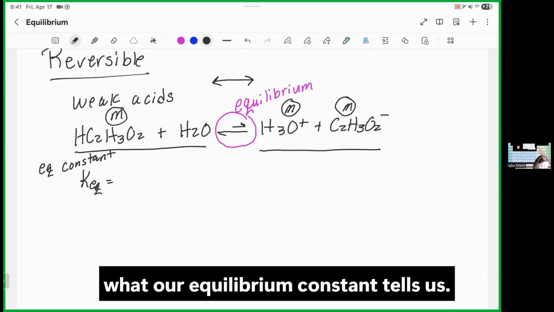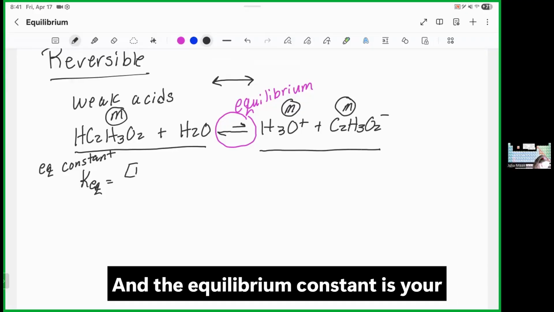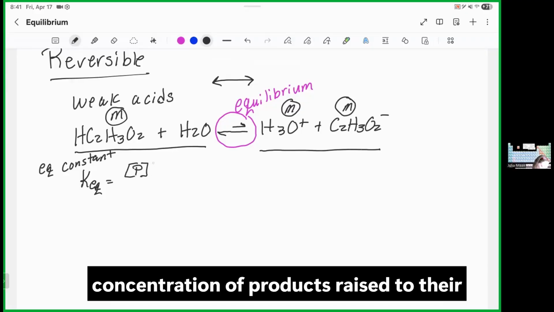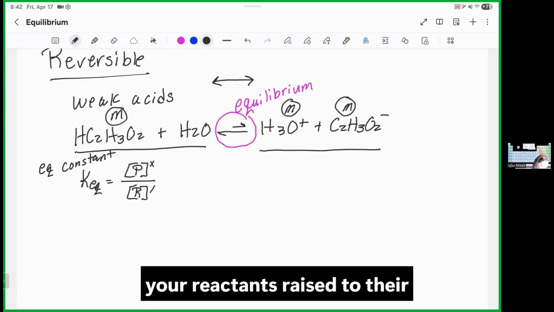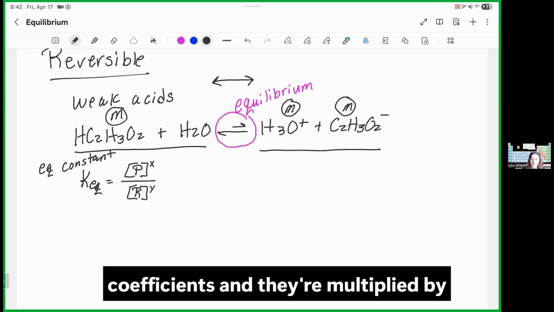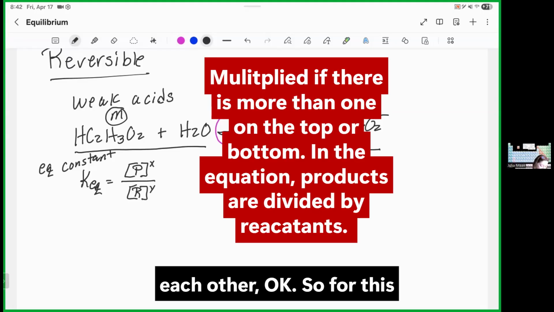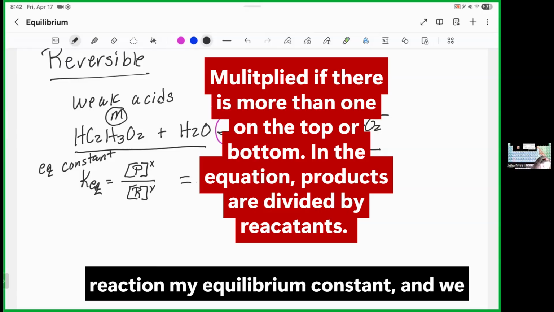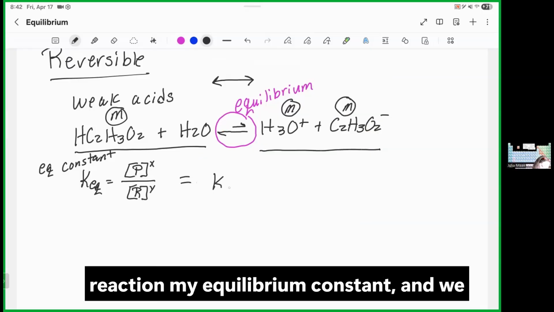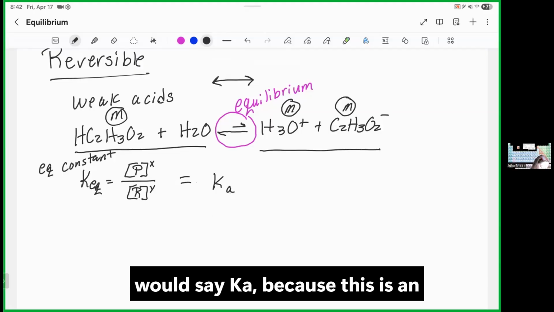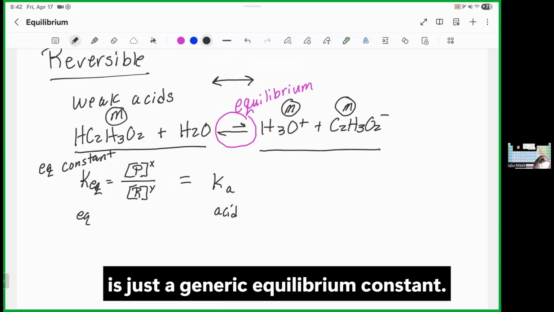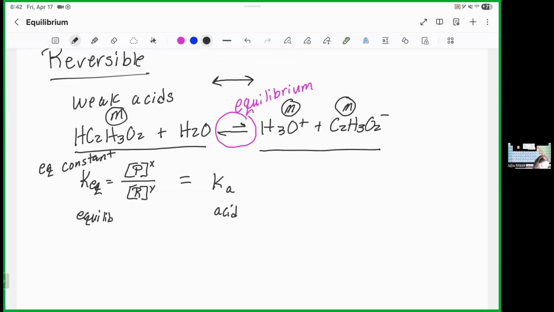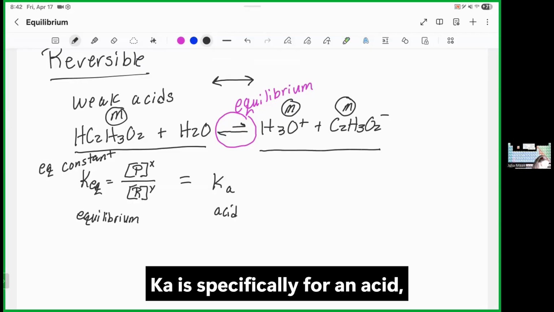And the equilibrium constant is your concentration of products raised to their coefficients over the concentration of your reactants raised to their coefficients, and they're multiplied by each other. Okay, so for this reaction, my equilibrium constant, and we would say Ka because this is an acid. Keq is just a generic equilibrium constant.